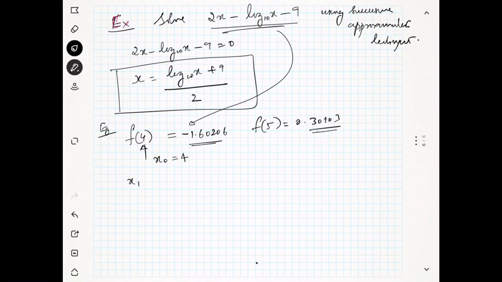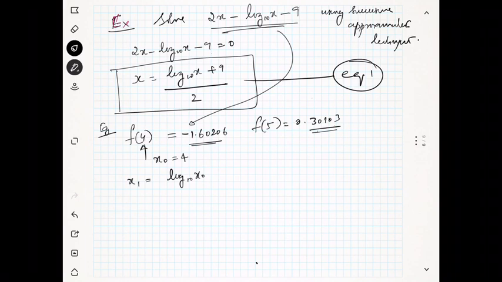So we will find x1. How to find x1? We will use this equation, for example equation 1. So x1 is equal to log to the base 10 of x0 plus 9 over 2. That means log to the base 10 of 4, then plus 9 divided by 2. You will get the solution as 4.80103.